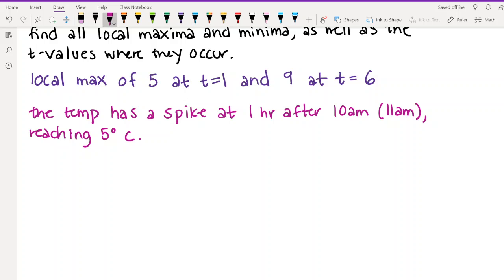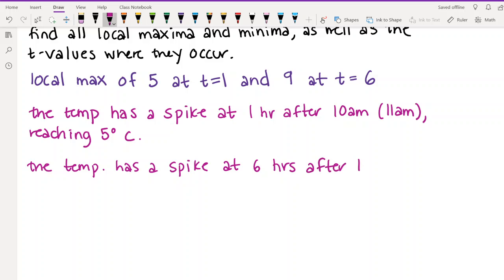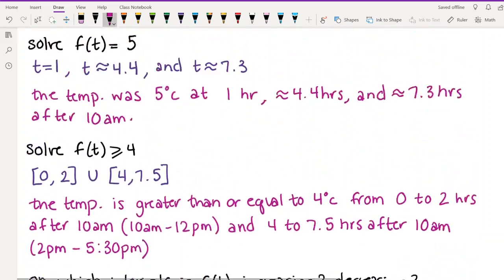And so similarly, we can say that the temperature has a spike at 6 hours after 10 a.m. And so that would be at 4 p.m. And at that time, it reaches 9 degrees Celsius.